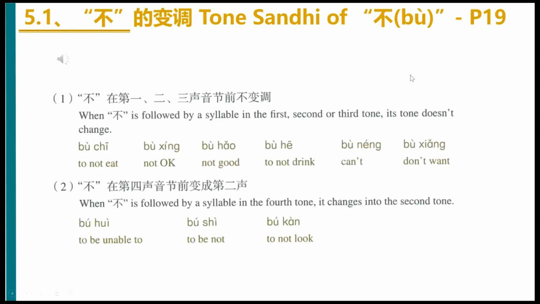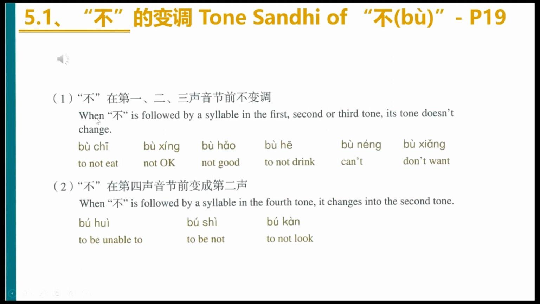The fifth point is the tone sandhi. We have learned only two tone sandhi, and the first one is the tone sandhi of 不. Tone sandhi means that when a syllable is used in a word, its tone is changed by the specific tone that follows.